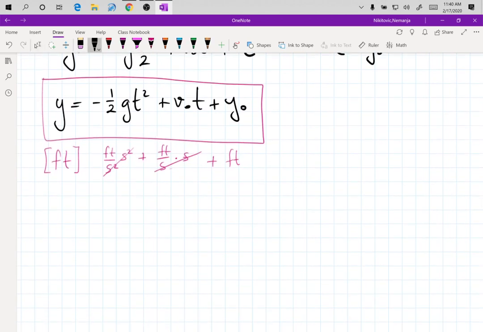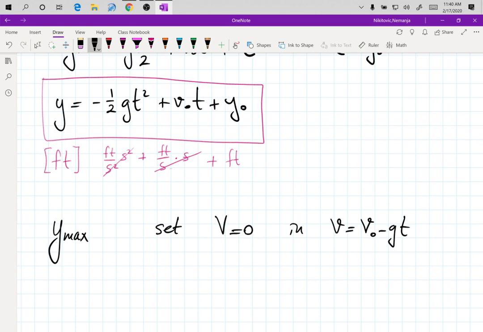All right, cool. So now, if we want to figure out y max, all we need to do is set velocity equal to 0 in v equals v0 minus gt, because clearly velocity equals 0 means that it's the maximum point.